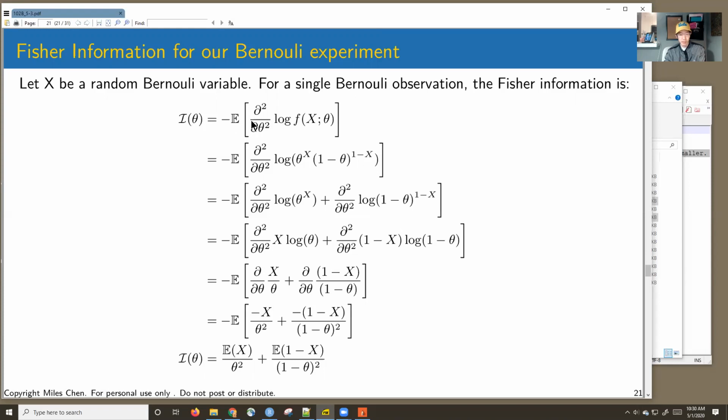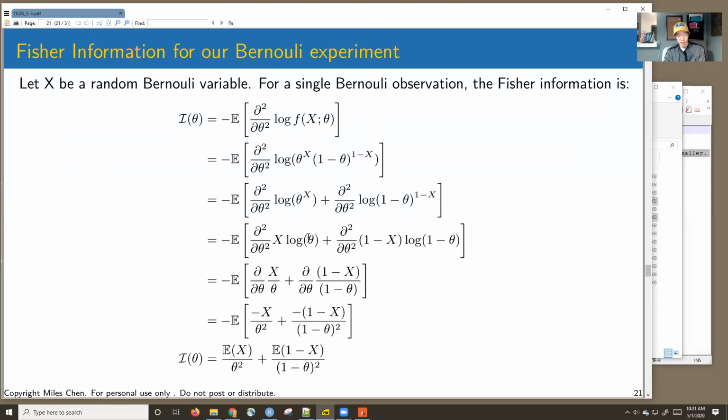Here I'm going to take the second derivative of the log likelihood, okay. So here is the probability function, the likelihood function for our data. The log of that is going to be log of theta to the x times 1 minus theta to the 1 minus x. Because it's the log, it becomes x log theta plus 1 minus x times log of 1 minus theta.